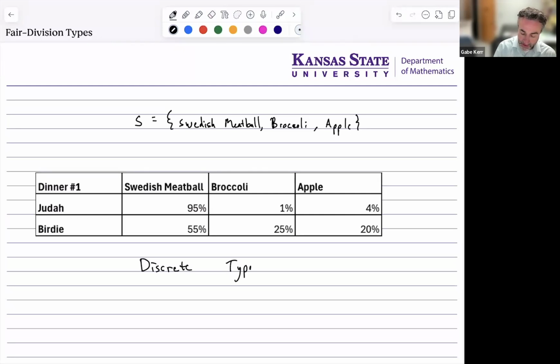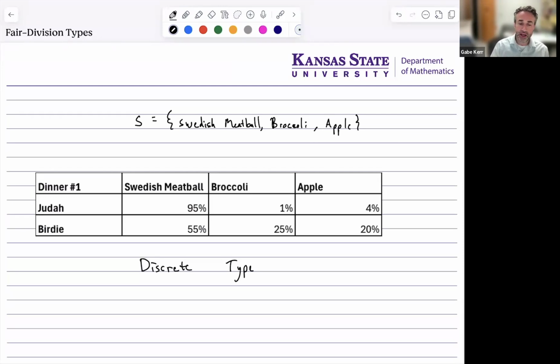Now, what makes it discrete in mathematical terms is what I was saying about I refuse to cut my Swedish meatball. I refuse to cut up the apple. I'm not going to divide any of these assets. It's either all or nothing with every single one of these assets. So I'm going to give one child one of those food items and the other child another one. That's how I'm going to divide it.